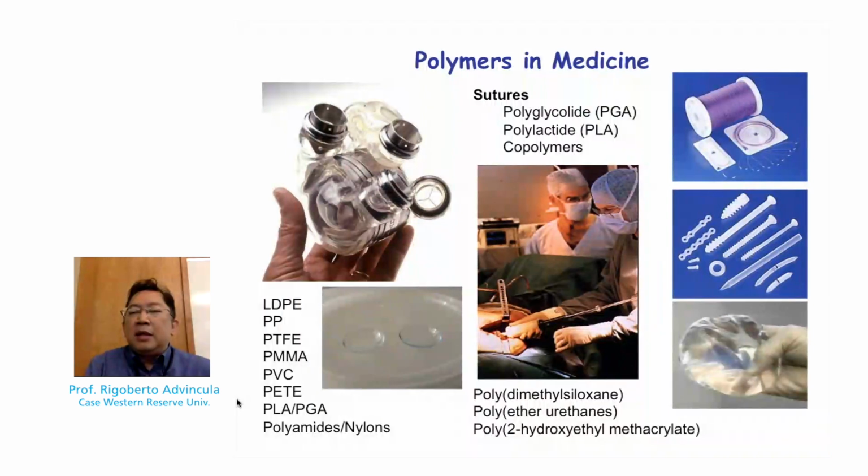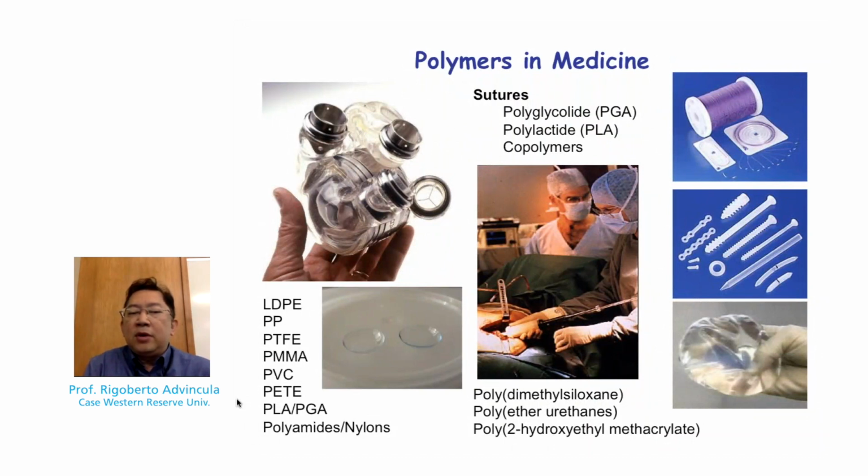Polymers are abundant in terms of sutures, surgical devices, engineered tissues that can be used to prolong life. And of course, we're not even talking about prosthesis or orthosis devices.